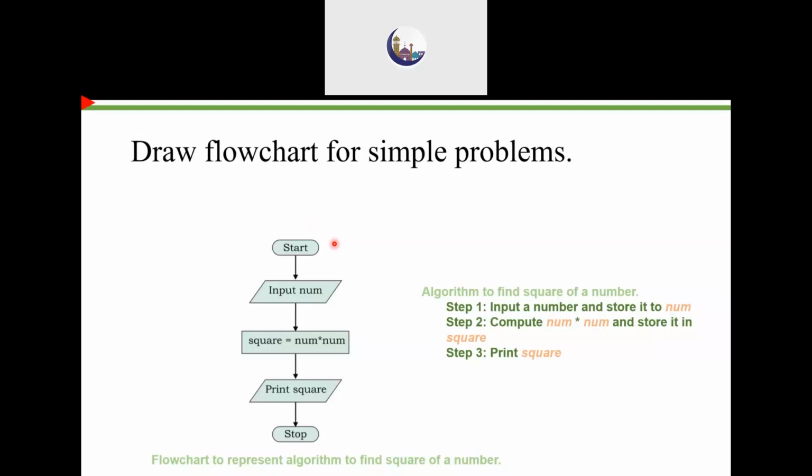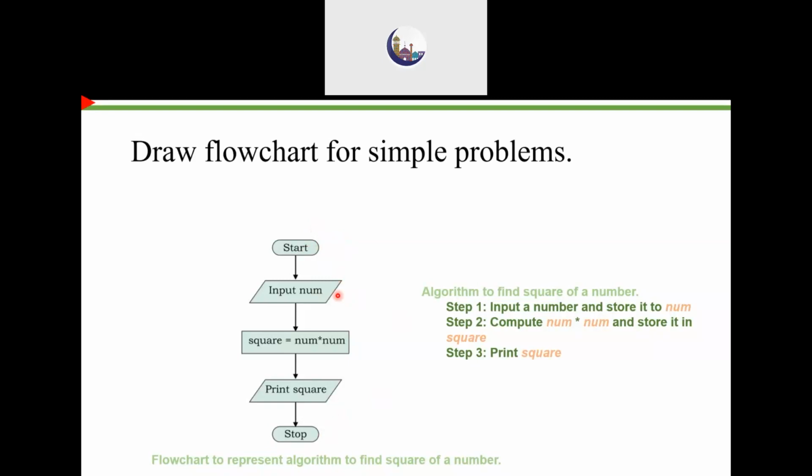Start and stop symbols will be represented using the rounded rectangle. Whereas whenever you take any input from the user or give output to the user, you will represent it with the help of a slanted rectangle or parallelogram. Input and outputs will be represented using a parallelogram.